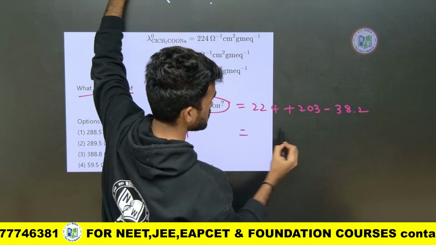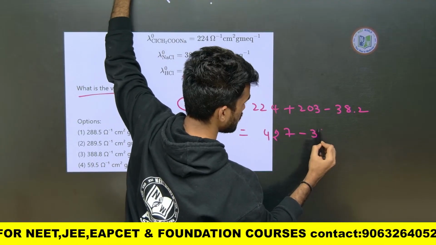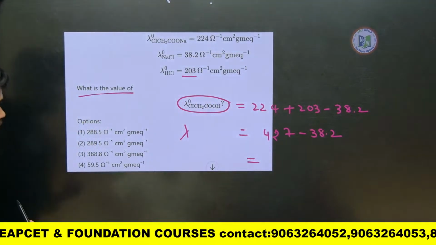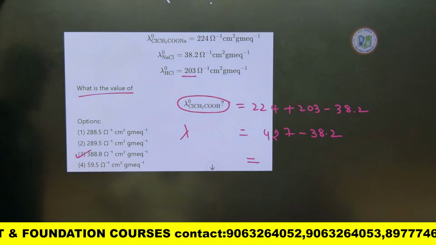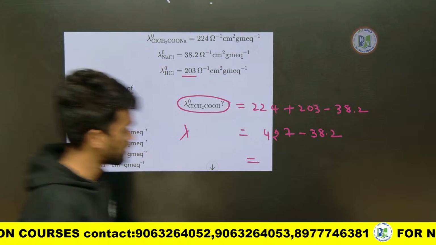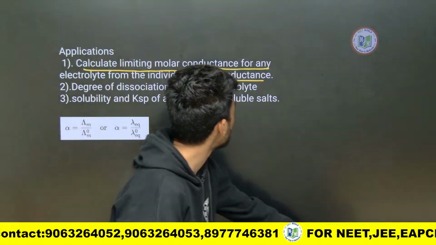So it will be 724 minus 38.2. So how much will we get? 338 point something. That is the only option we can have, right? Any other question here we have? No.